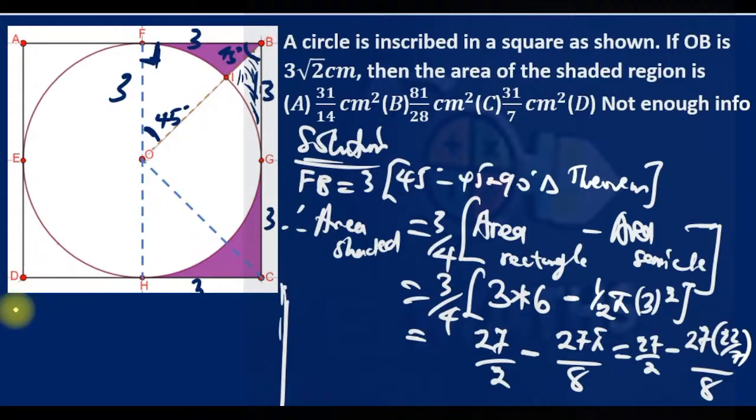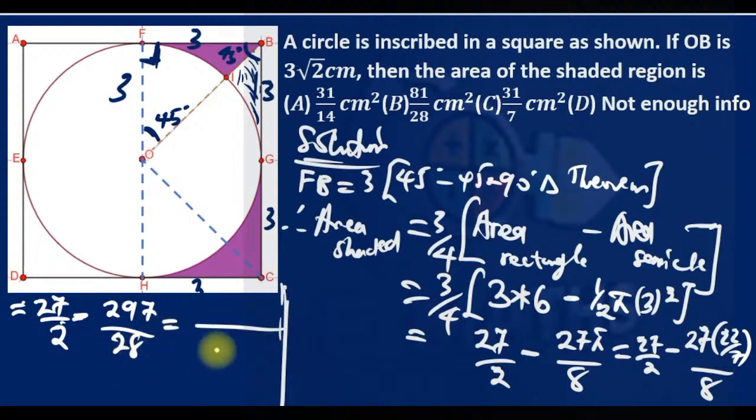So this is 27/2 minus 2, 11 times 27 is 297. 4 times 7 is 28. So the LCM is 28.